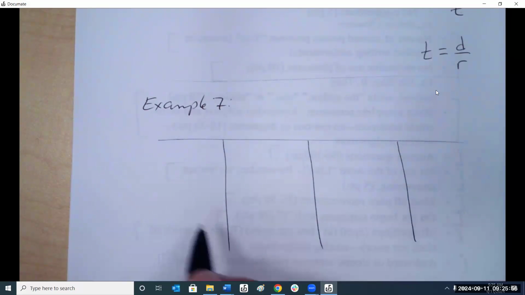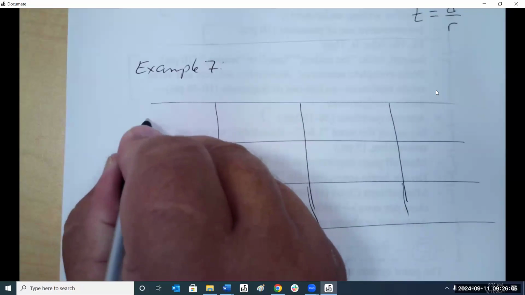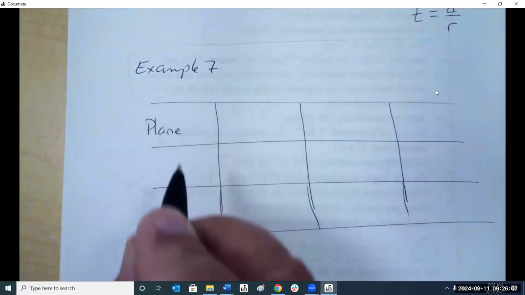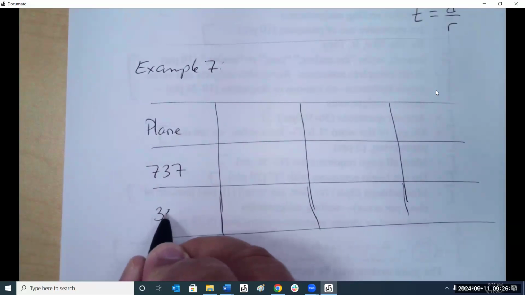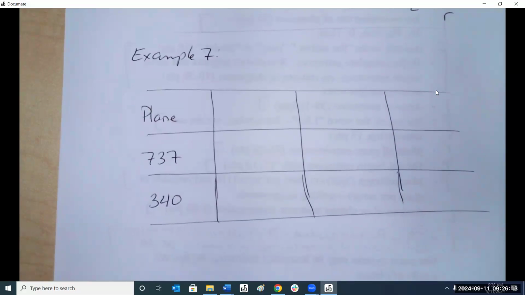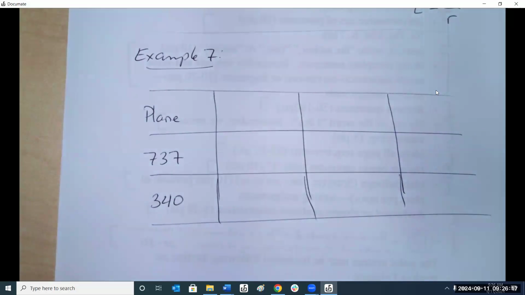So let's see. Here we have the plane, the 737 and the 340. It's a motion problem. Why is it a motion problem? Because they're flying through the air.